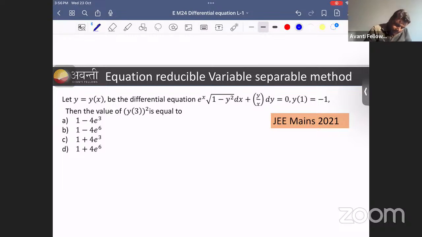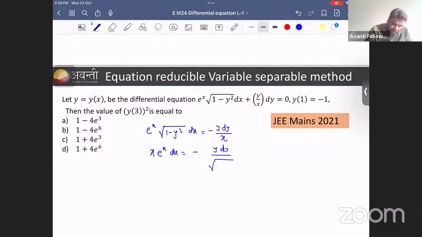See, e to the power x under root 1 minus y square dx plus y dy upon x. Let's take it to the right side. This is equal to, with the negative sign, so it will be x e to the power x dx is minus of y dy upon under root of 1 minus y square.